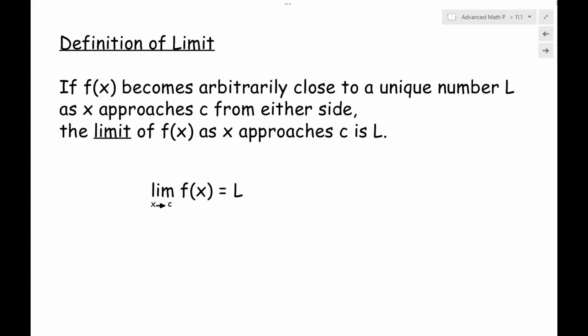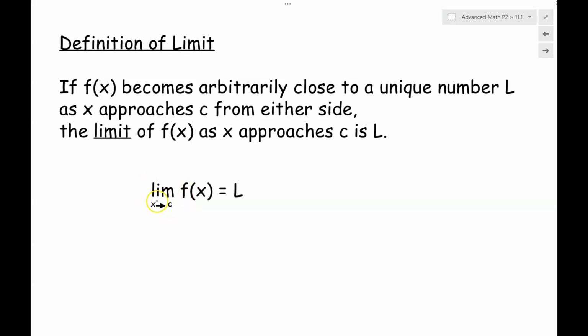Well, in the last example, we were getting closer and closer to 36. That's that unique number L as x approached c from either side, as I approached 6 from either side. So we can say the limit then was 36.